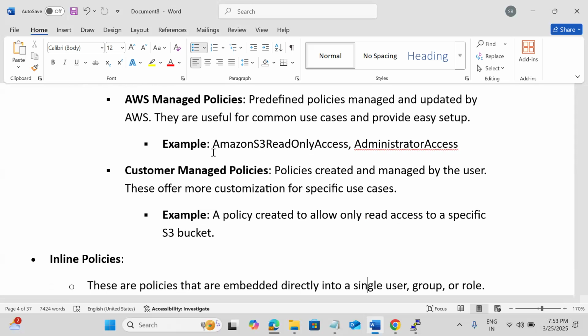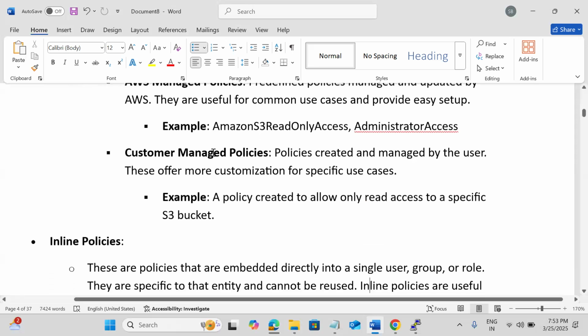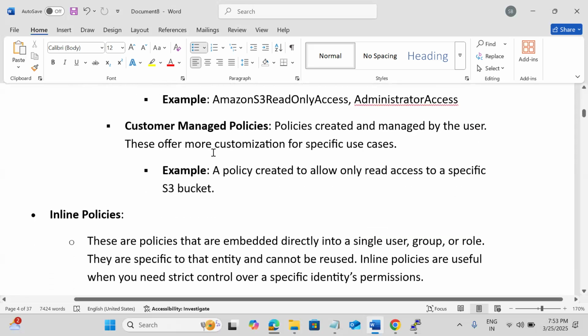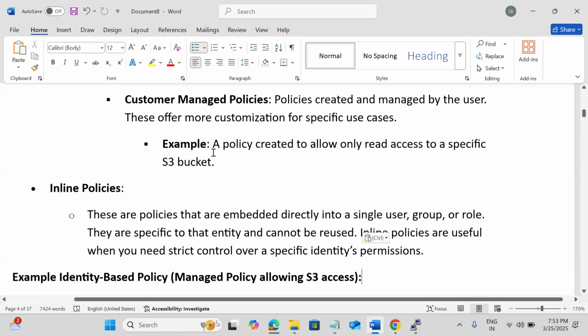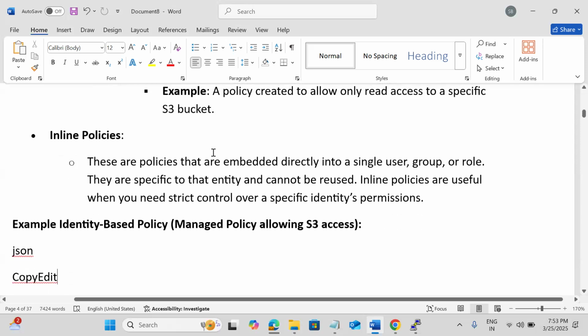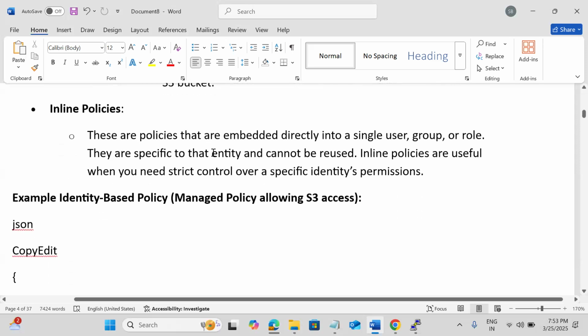I want to give access only to one EC2 instance, or something resource specific. For that, we can go for customer managed policies. Then inline policies, we attach directly to a single user, group, or role.